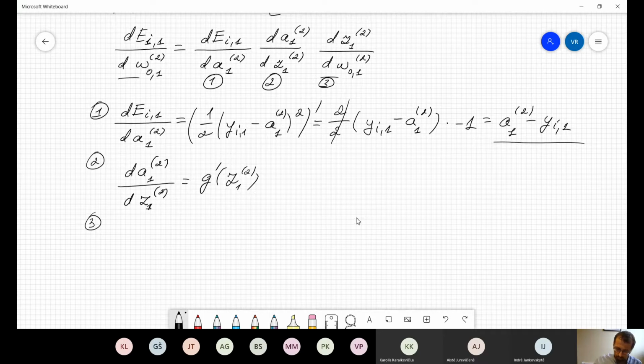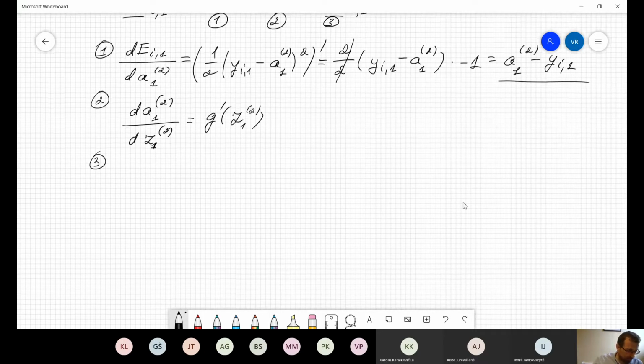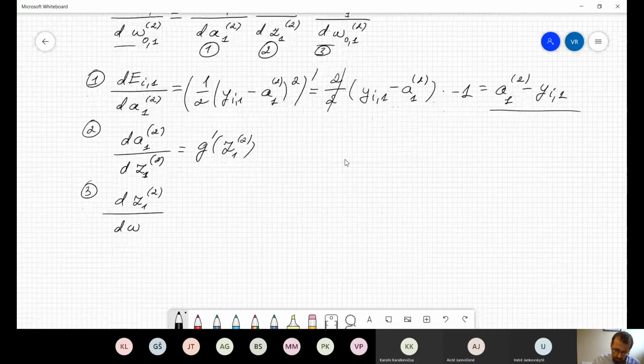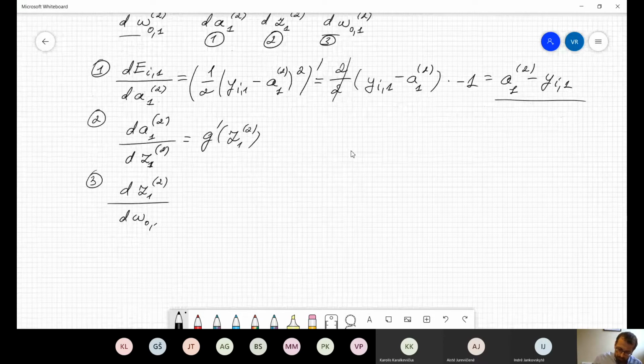This is number 3. So number 3 is basically we need to take from the net input, right? Net input, we take the weight, which was, in our case, 0 and 1, on the second layer.